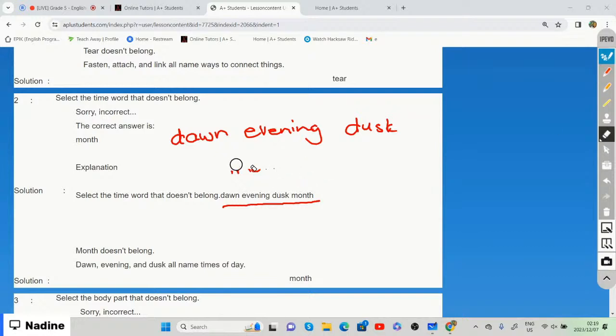Sorry, I thought it was morning. So if we look at these words, can you spot words that are related in meaning, and a word that does not belong there?